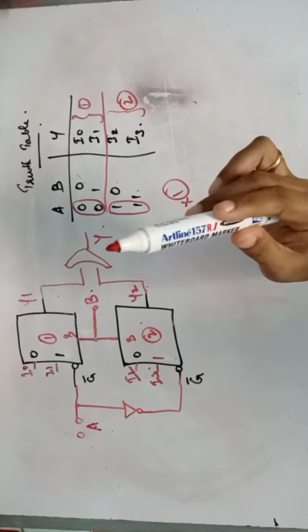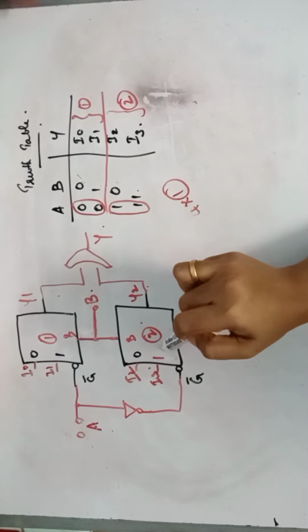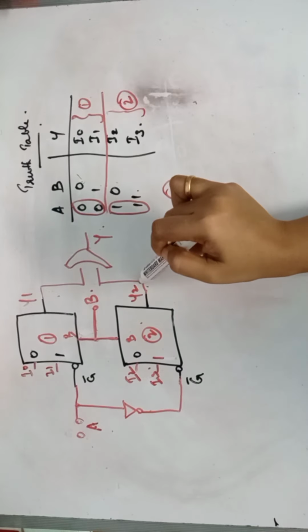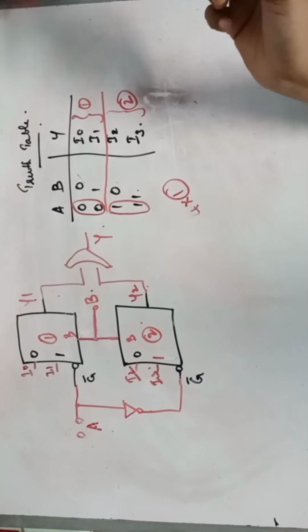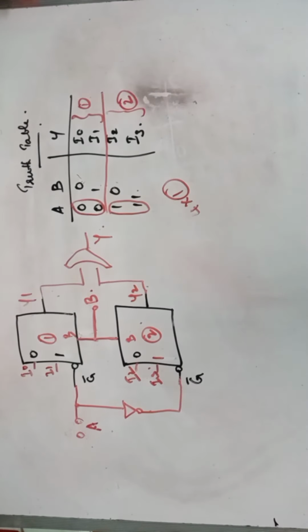There is nothing in Y1. A 1, B 1 means first IC is not there, second IC is selected, I3 is selected to Y2 and Y is equal to Y2. Yes, so that is how you implement a 4x1 mux using two 2x1 mux ICs and an OR gate.